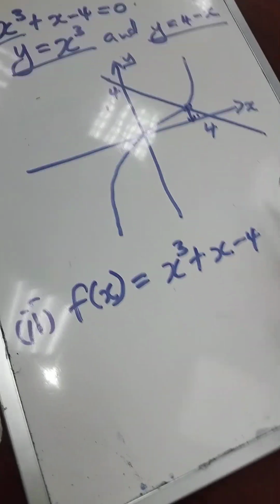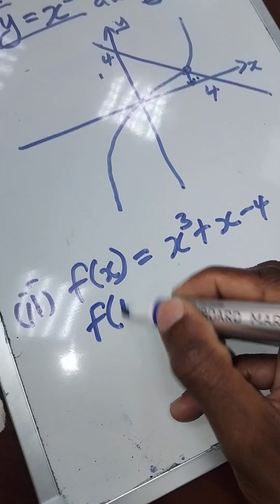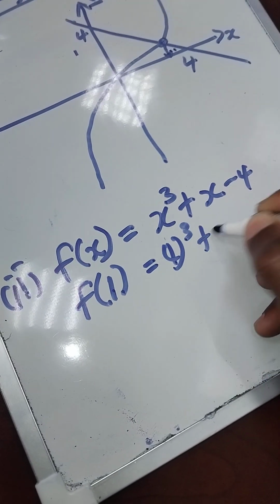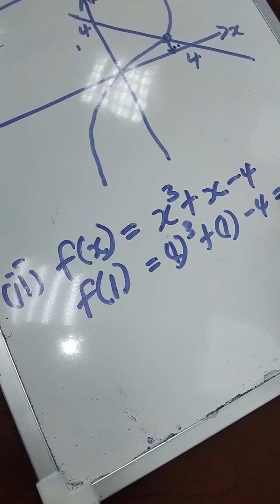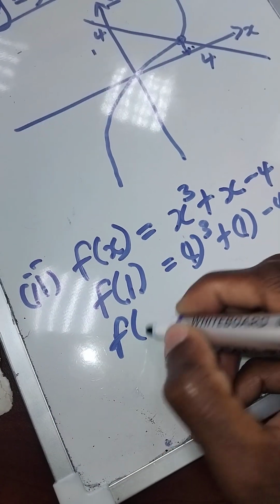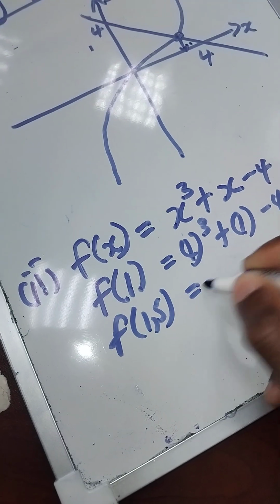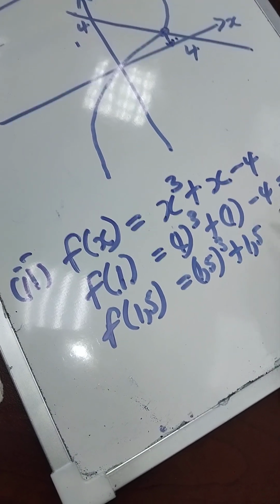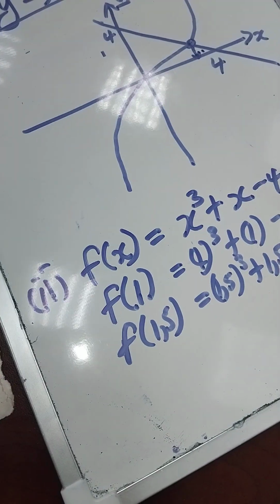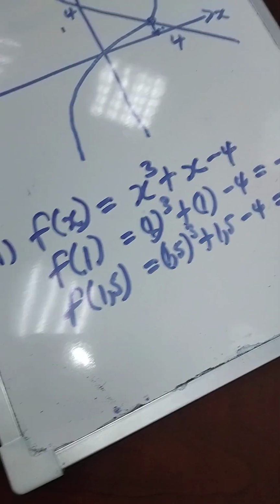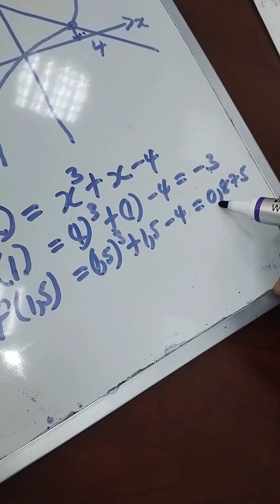Substituting 1: 1 to the power 3 plus 1 minus 4 is equal to negative 3. Then f(1,5) is equal to 1,5 to the power 3 plus 1,5 minus 4, which is 0,875. So we get a negative and a positive.